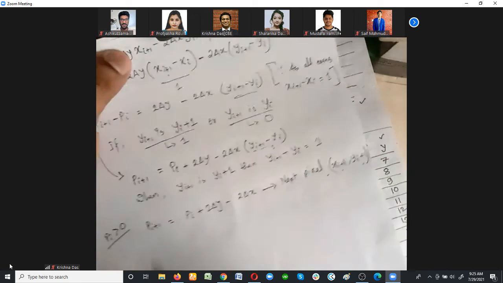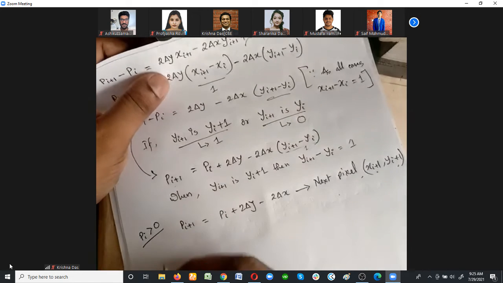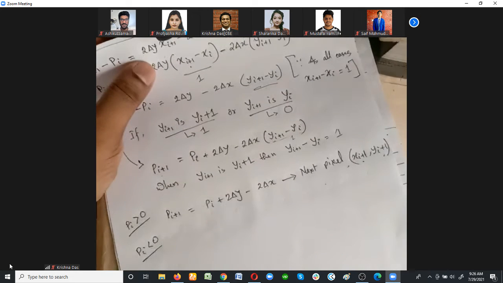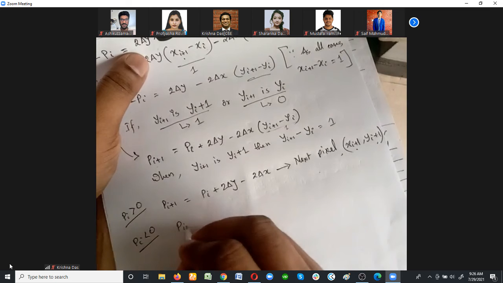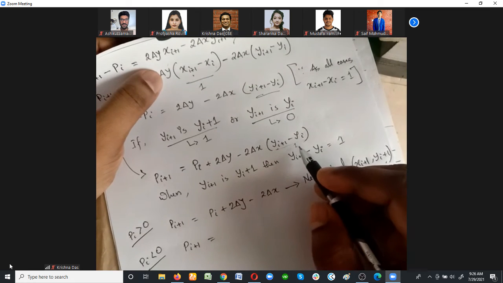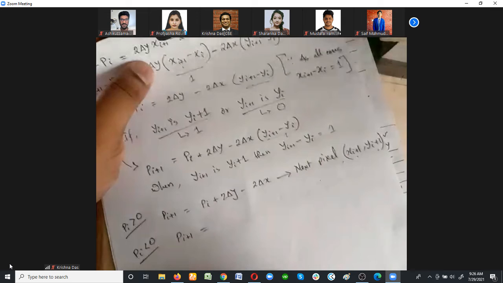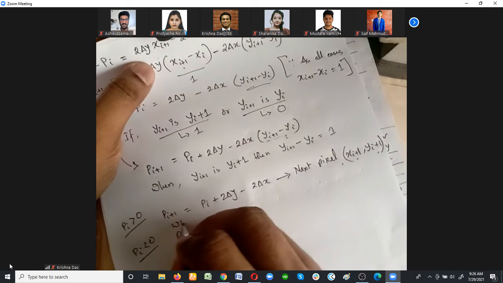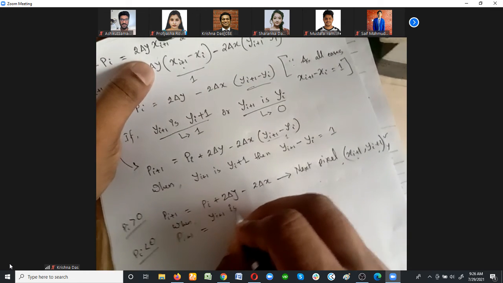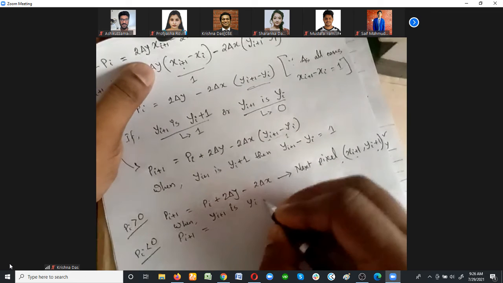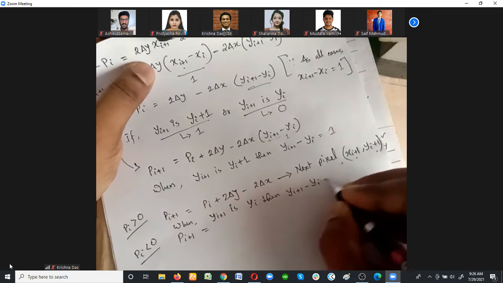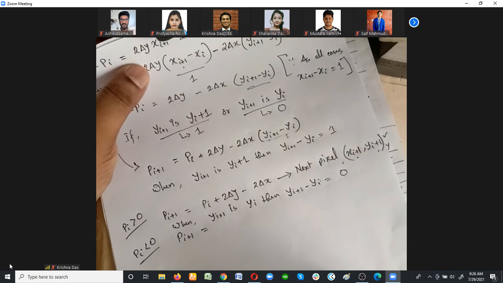So that is for the positive. And for the negative, when it is negative, then p of i plus 1 is, as you can see, this becomes 0, isn't it, because the lower one it's going to have. So when yi plus 1 is yi, then yi plus 1 minus yi is equal to 0, right?